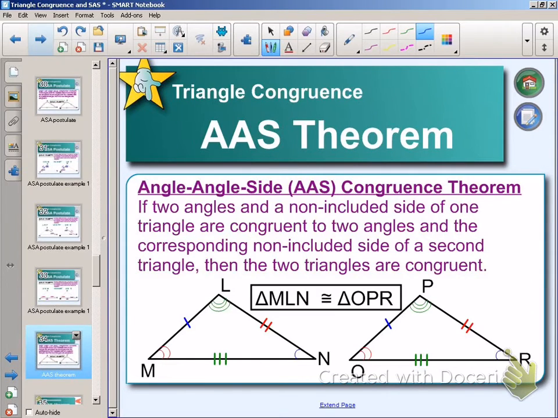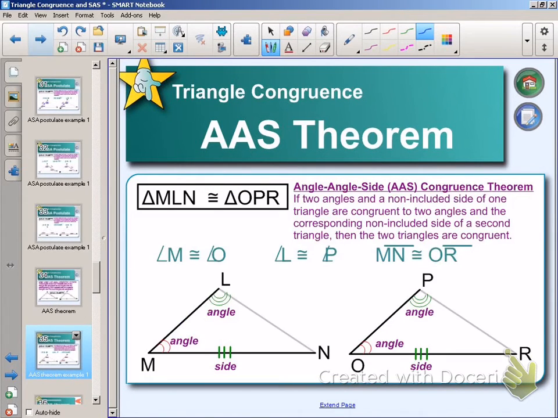We also have the angle angle side congruence theorem. If two angles and a non-included side of one triangle are congruent to two angles and the corresponding non-included side of a second triangle, then the two triangles are congruent. Here's your example. Here's your angle, angle, side. If the corresponding angles and sides are congruent, then the two triangles must be congruent.